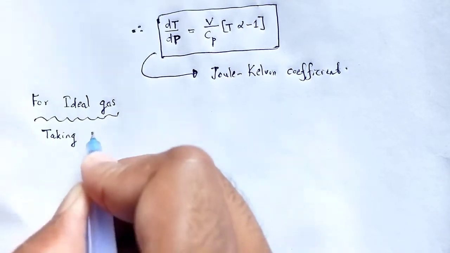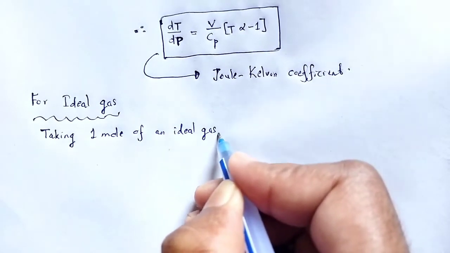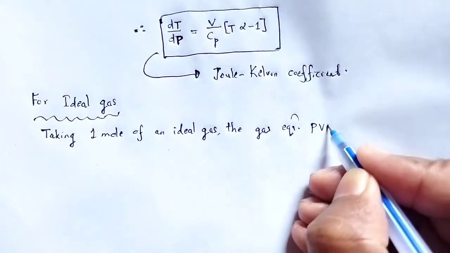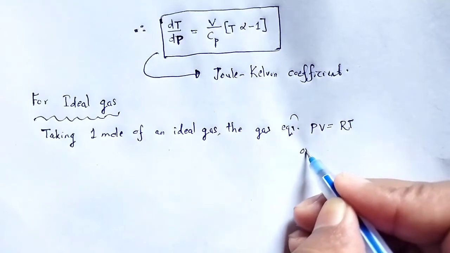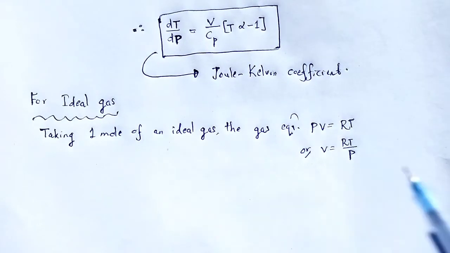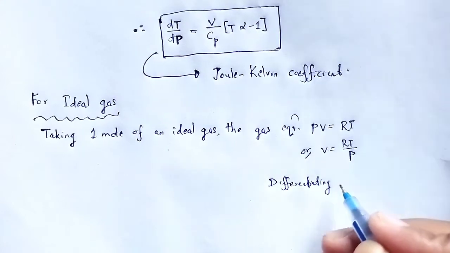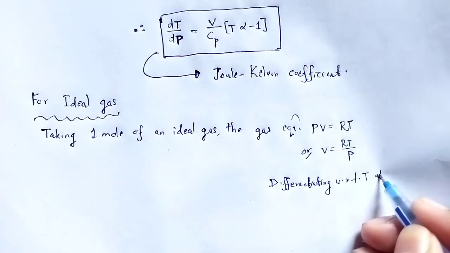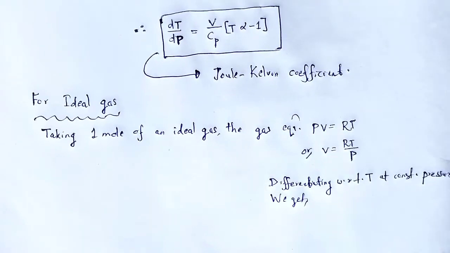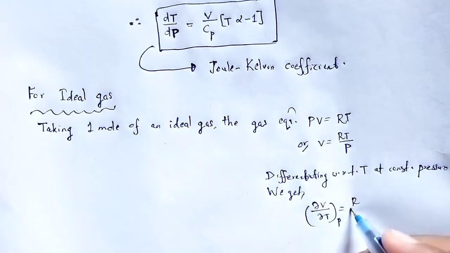Taking 1 mole of an ideal gas, the gas equation PV is equal to nRT, n is equal to 1 here, PV is equal to RT, or V is equal to RT by P. Now, differentiating with respect to temperature at constant pressure, we get del V by del T at constant pressure is equal to R by P.